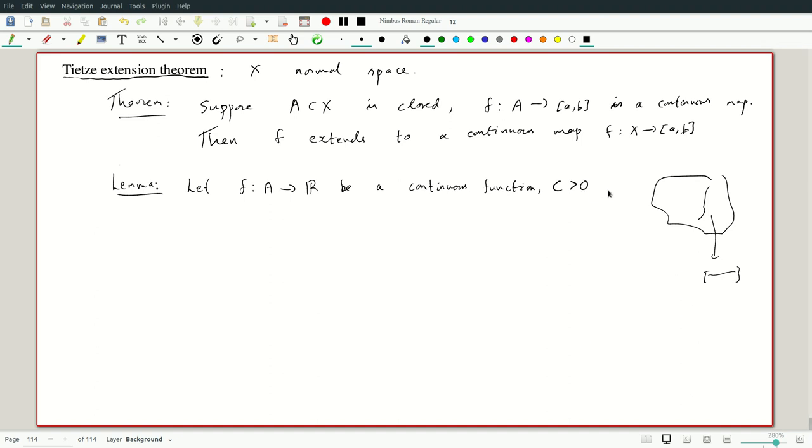There is a C greater than 0 such that for all x in A, the absolute value of f of x is less than or equal to C. So we have a function that lies between C and minus C. Okay, then we can approximate it by a function g, sort of.